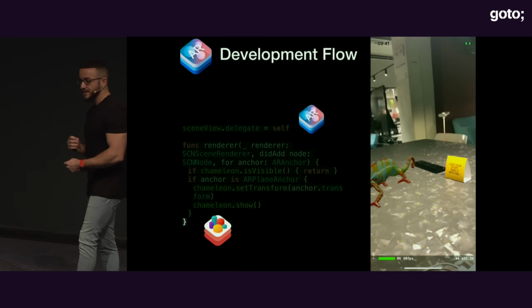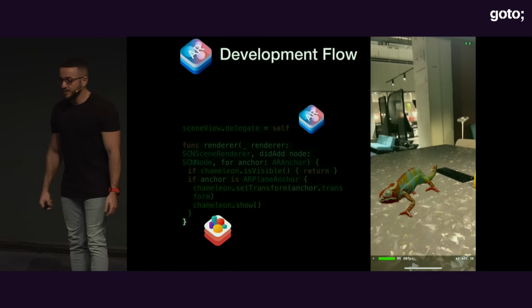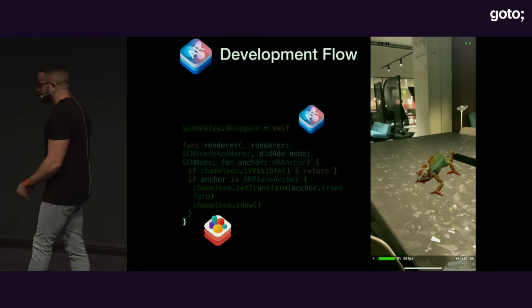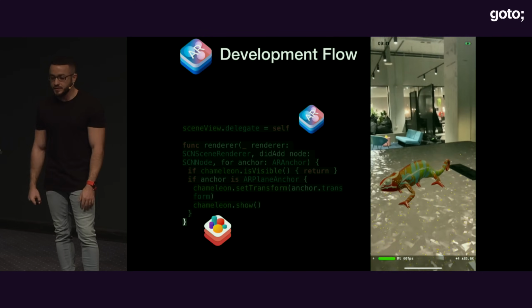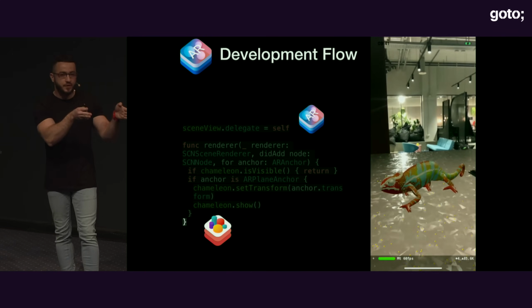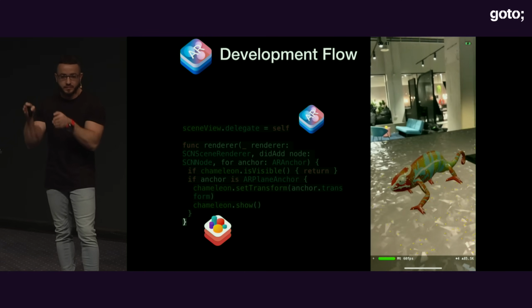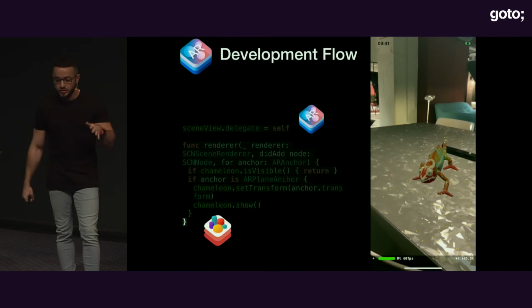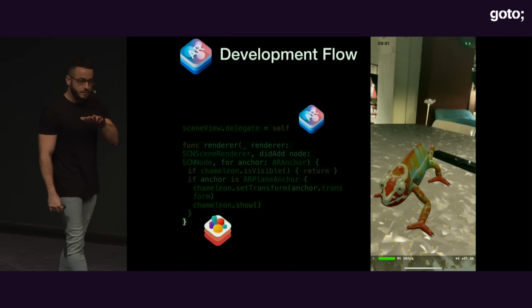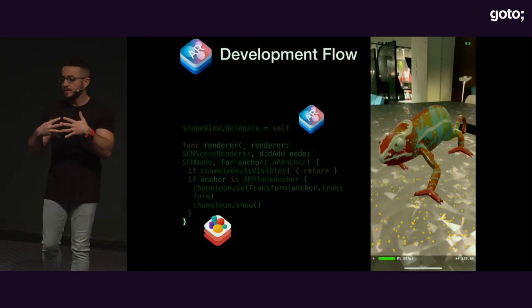And here you can see that it's a little bit shaky because the plane detection is not that stable. Why? There can be several reasons. One reason is that if I scanned one part of the plane, and then I scan another part of the plane, ARKit doesn't understand that this is the same plane, right? So as long as I'm moving on the plane, there is a plane merge happening.